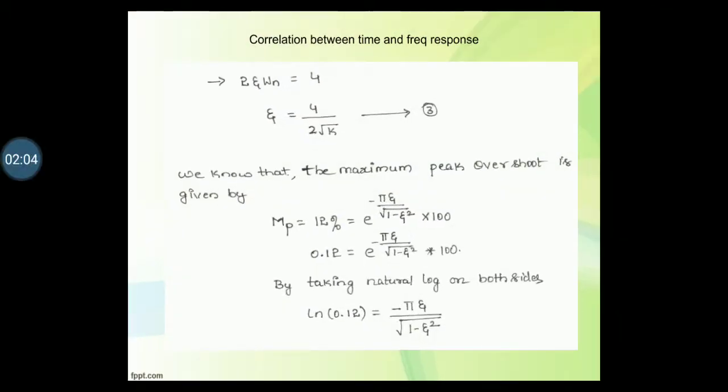So 2 damping ratio omega n is equal to 4. Damping ratio will come 4 divided by 2 root K. Okay, omega n is root of K. Due to that, damping ratio is 4 divided by 2 root K.